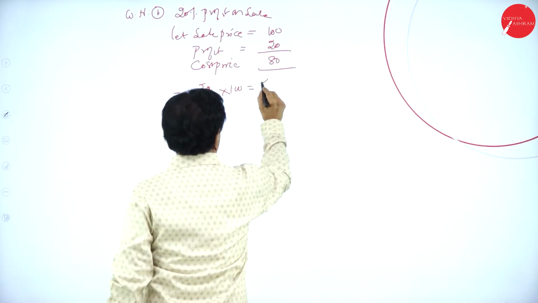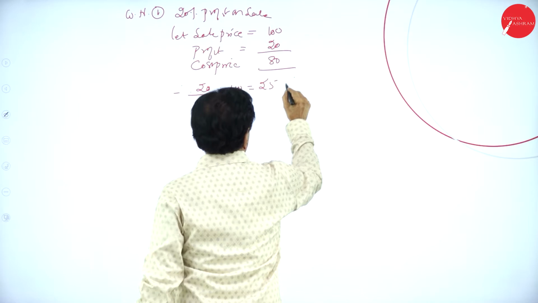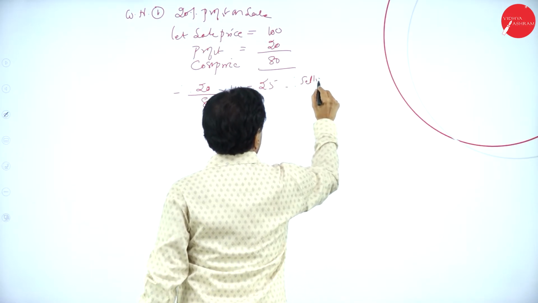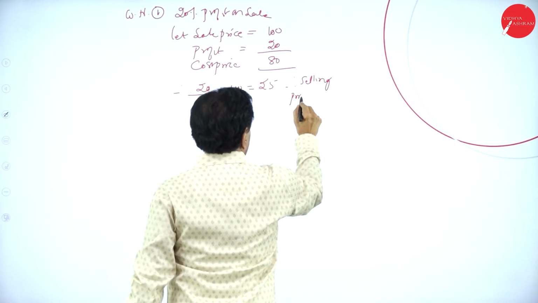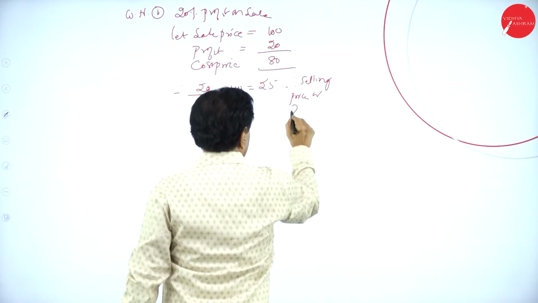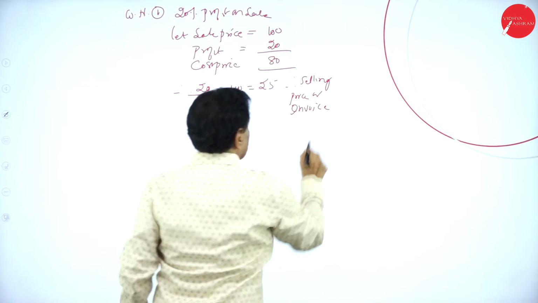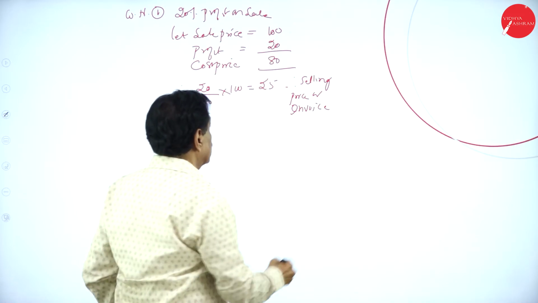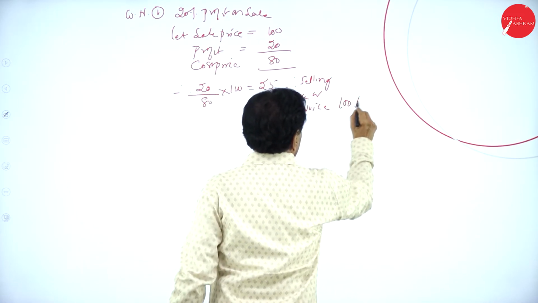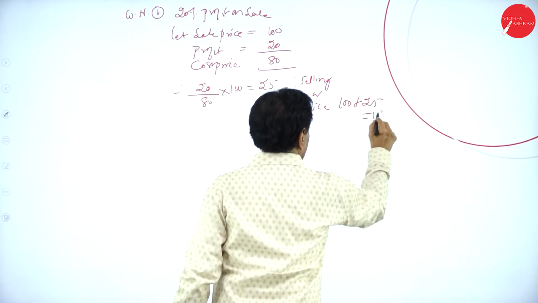That is 25%. Therefore, selling price or invoice price is equal to 100 plus 25, which is 125.